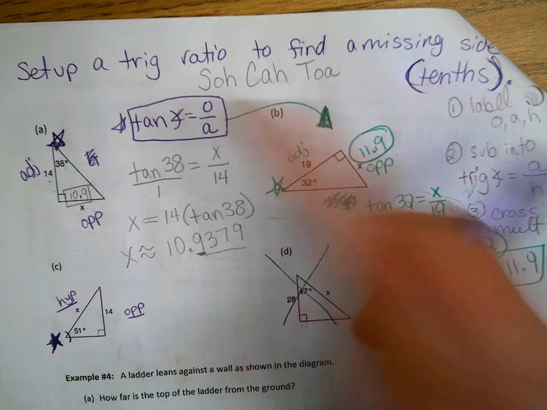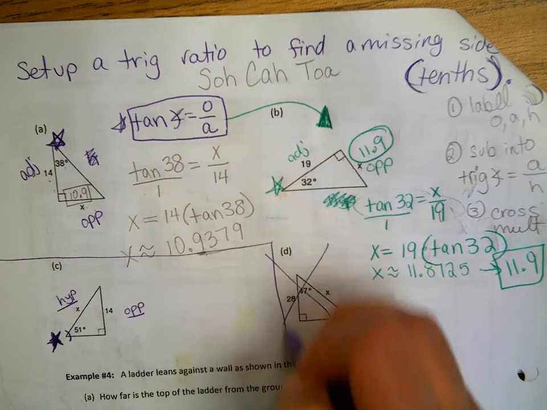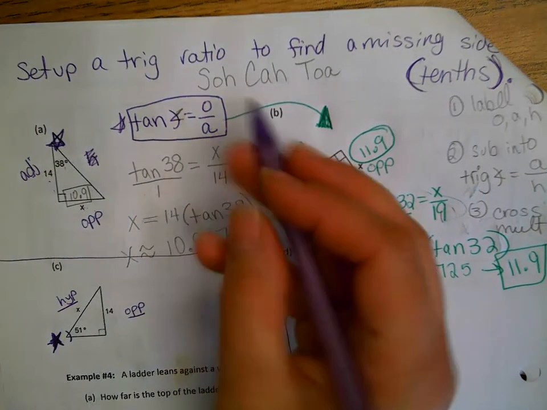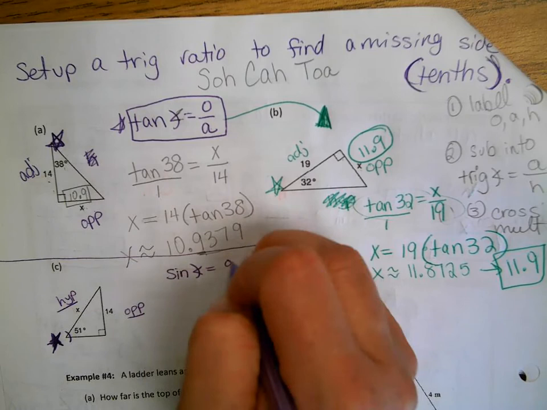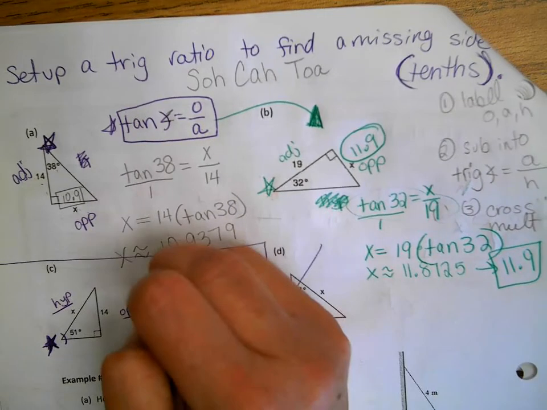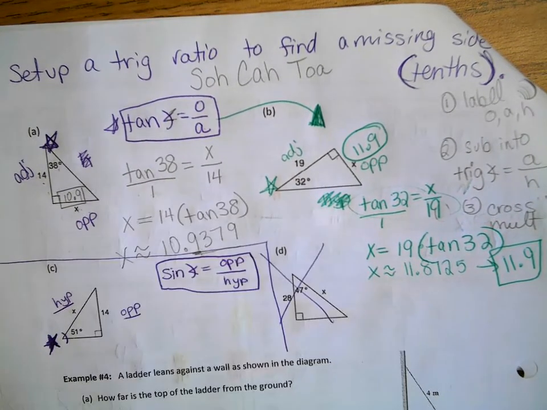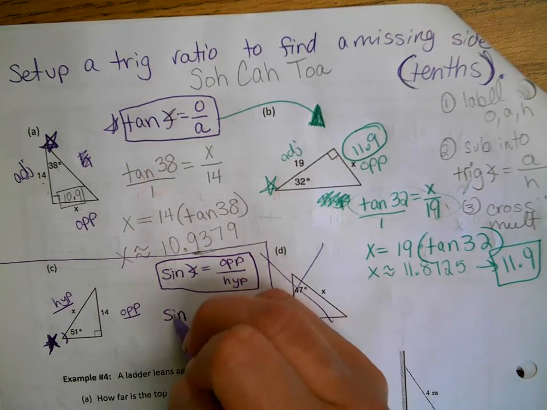So O and H is going to be our sine function. I'm going to box myself out so I don't run out of space. So we're going to put in sine of the angle equals our opposite over hypotenuse. So sin is how we abbreviate it.